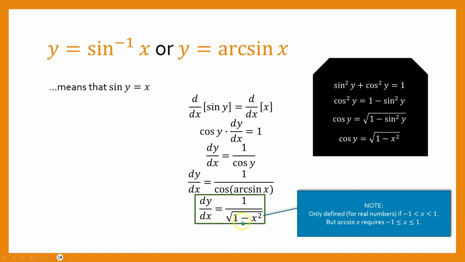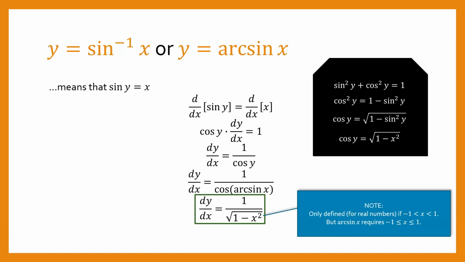Now notice that if we're going to be taking the square root of 1 minus x squared, the number we put in for x has to be between negative 1 and 1. If x were any bigger than 1, or any smaller than negative 1, then x squared would be bigger than 1, and the 1 minus x squared that we're trying to take the square root of would be negative.